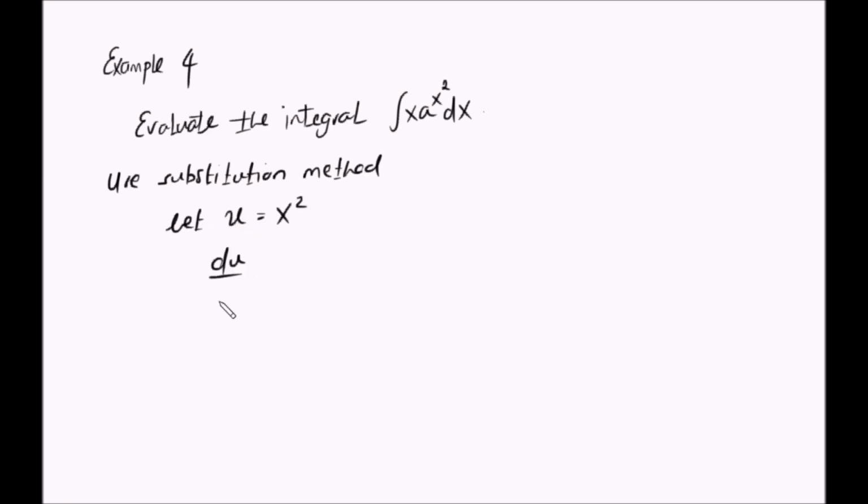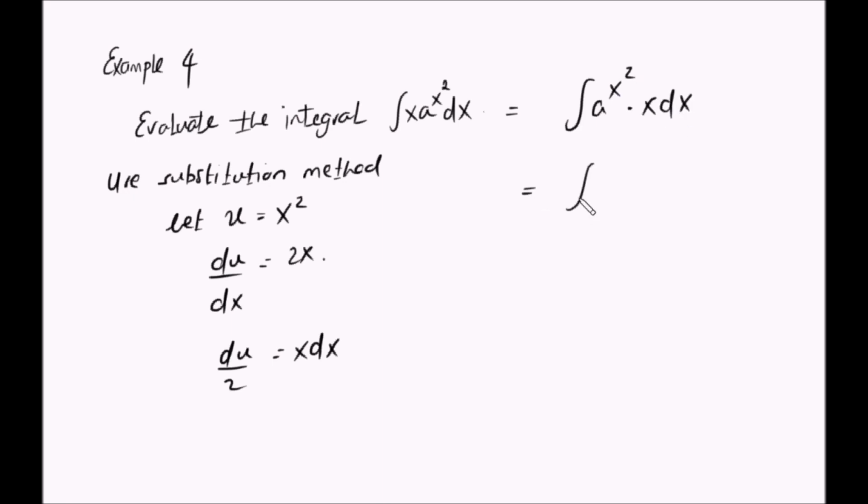So du dx is 2x. So du over 2 is x dx. You can see I can write this as a to the power x squared times x dx. So x squared I have replaced with u, and x dx has become du over 2. So taking out the 2, I remain with 1 over 2 times the integral of a to the power u with respect to u.